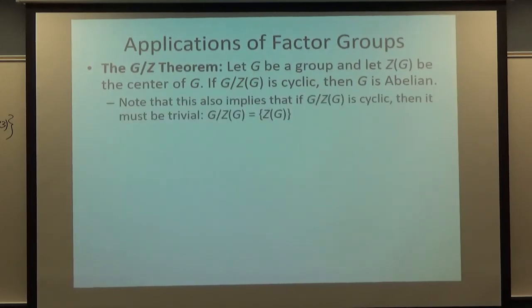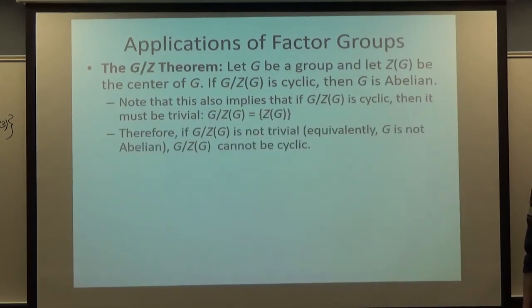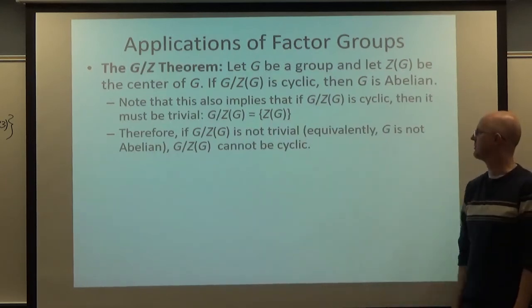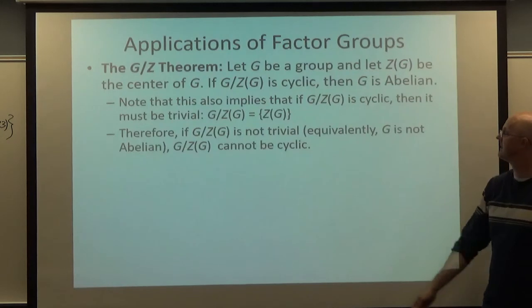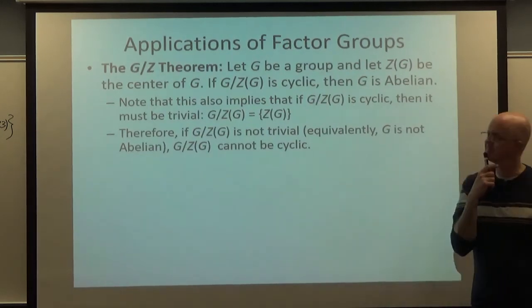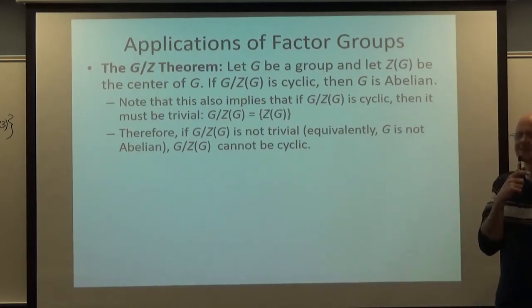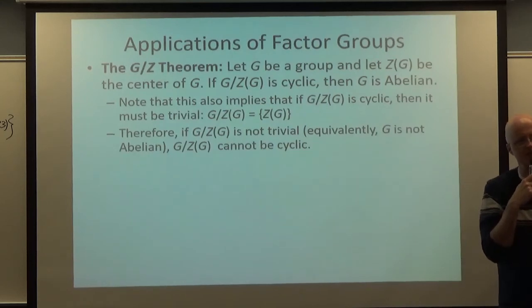This implies that if this is cyclic, it must be trivial. Therefore, if this factor group is not trivial, so that G is not abelian, then this thing cannot be cyclic. It's got to be some non-cyclic group. Interesting.